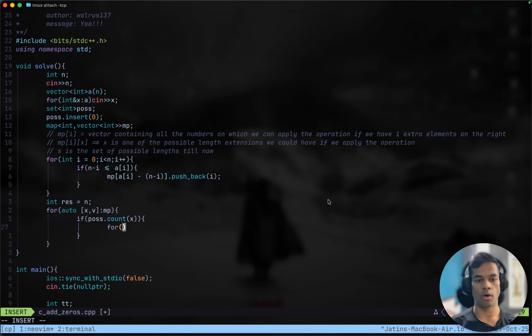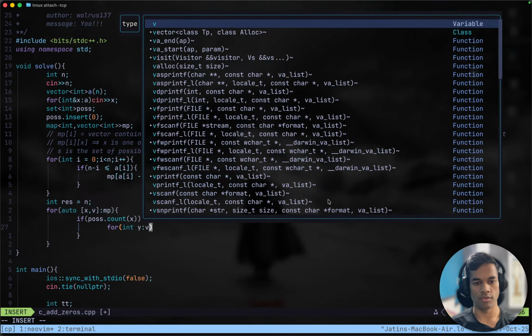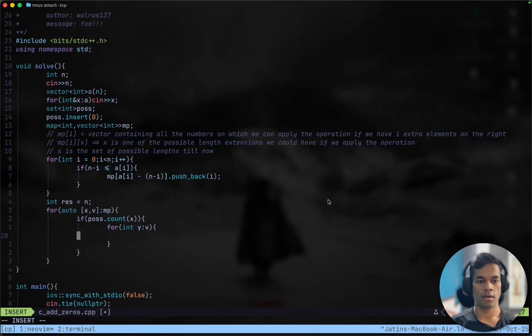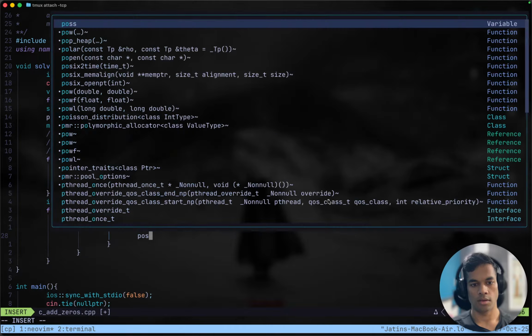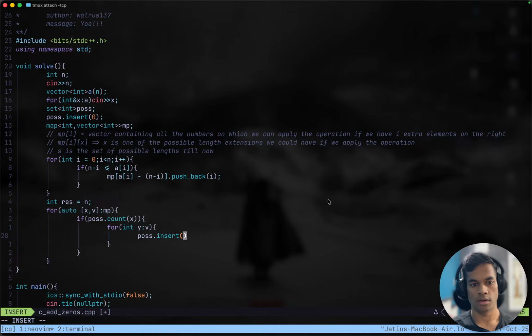So for any number y in v, the new length would be pos dot insert. y is the extension, x is how much was required to be added.